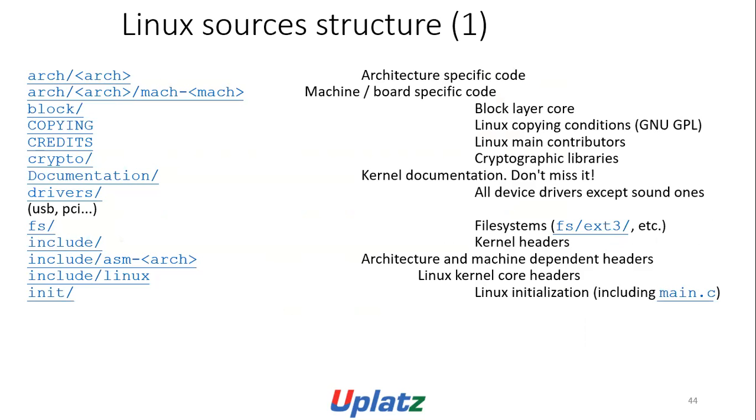Linux source structure: arch, architecture specific code; block, block layer code; COPYING, Linux copying conditions, GPL; CREDITS, Linux main contributors; crypto, cryptographic API; Documentation, kernel documentation, don't miss it; drivers, all device drivers except sound ones, USB, PCI; fs, file systems, including ext3, etc.